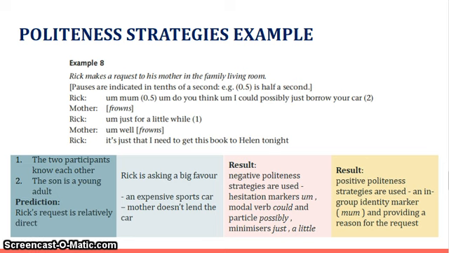So the result is negative politeness strategies are used, with hesitation markers such as modal verbs such as could, and the particle possibly, or minimizers such as just and also a little. And positive politeness strategies are used, with a group identity marker by mom, and also Rick providing a reason for the request.